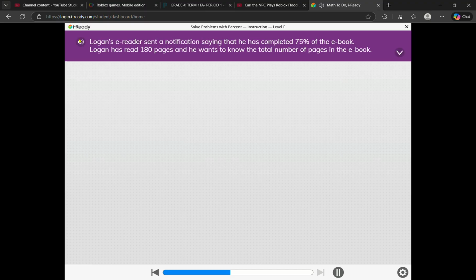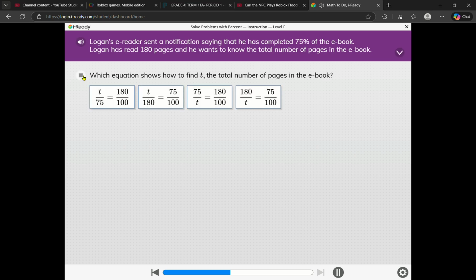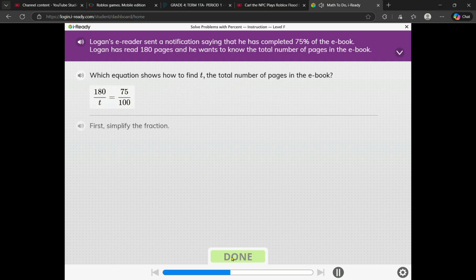Logan's ebook. Which equation... Find T, the total number of pages in the ebook.